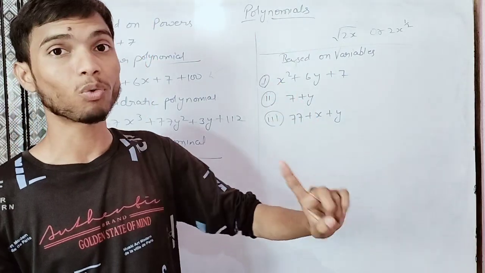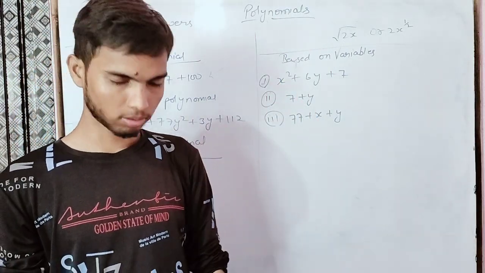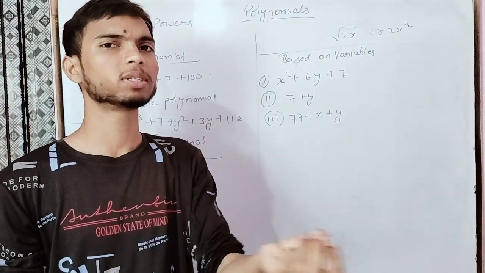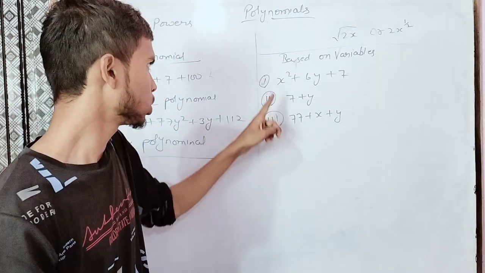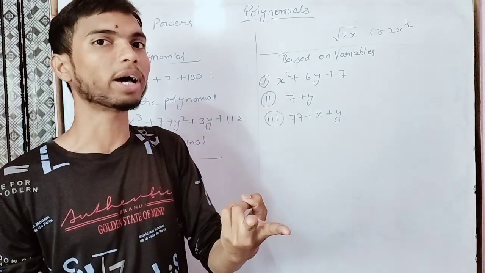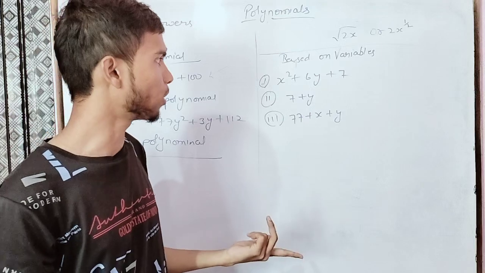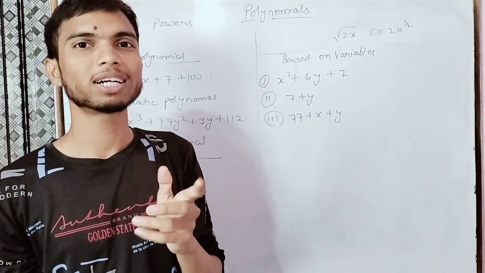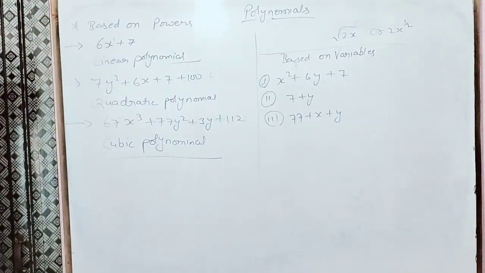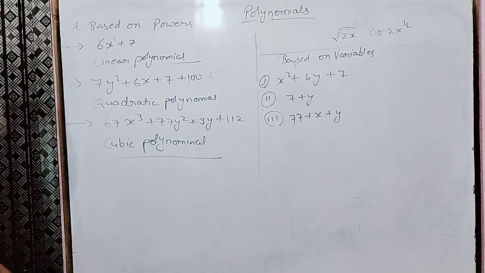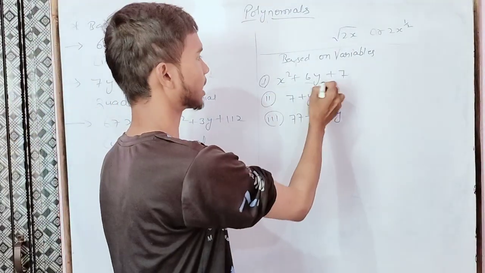If there is only one variable in a given polynomial, meaning random letters, we say univariate. Here there are two variables, and variables should be different.